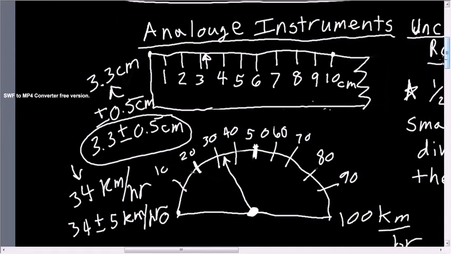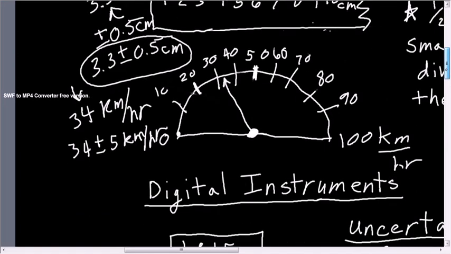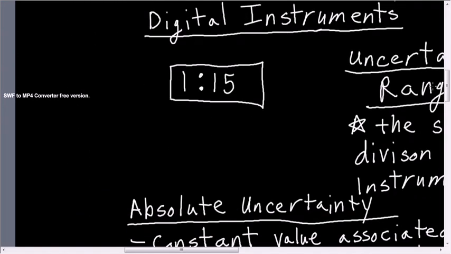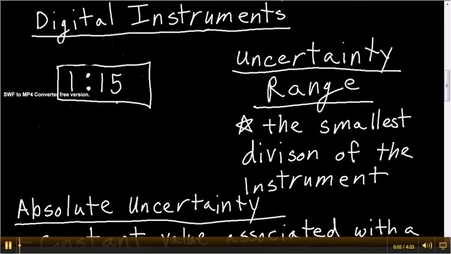So for digital, it's a little bit different. For digital instruments, let's say this is a digital clock. So this, let's say, is our hours. For digital instruments, we do not estimate any place on a digital instrument.